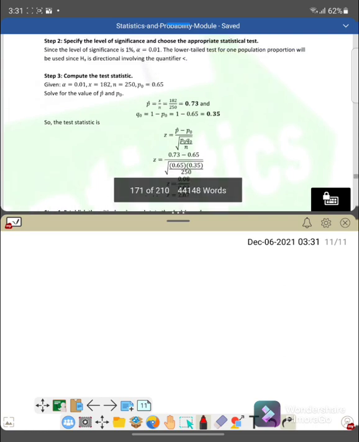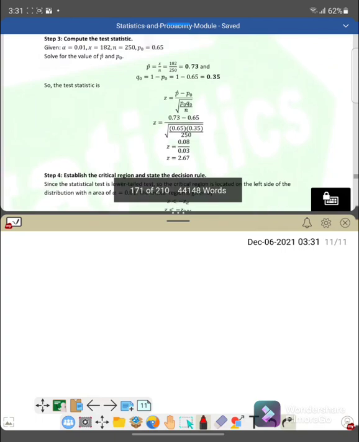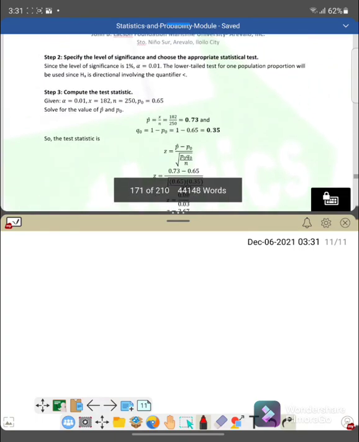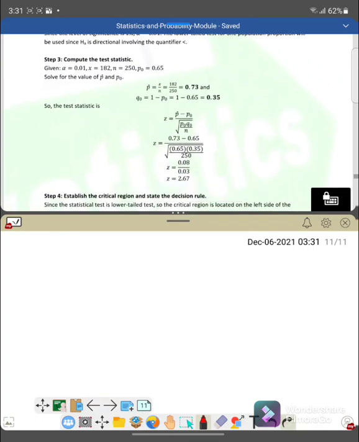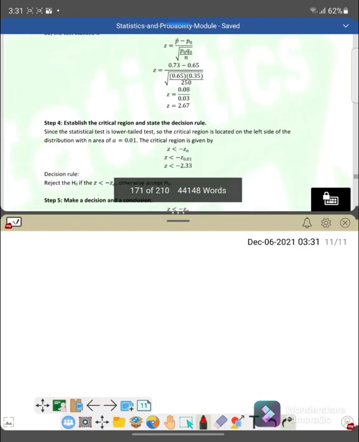Take note, our critical value, based on our level of significance of 0.01, is negative 2.33. So take note, 2.67 is above negative 2.33.